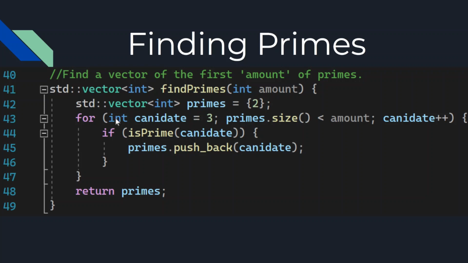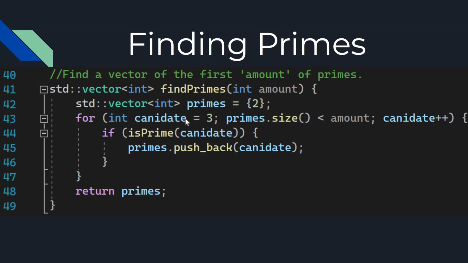Because we call this isPrime method, and if it is, we add that to our vector. And then we move on to 4, because we're not at the prime size yet, unless amount is equal to 2, in this case, because we found 2 primes. So then we increment.